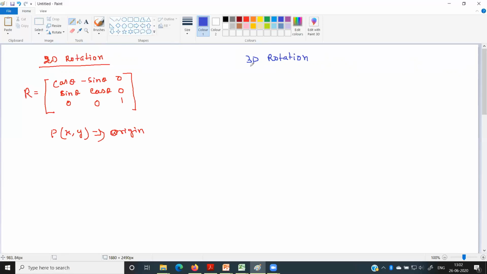In the 3D rotation, again, the point P has three parameters, X, Y, Z. And 3D rotation is different from the 2D rotation, because in 2D rotation there is only one transformation matrix, but in case of 3D rotation there will be three transformation matrices, because there are three axes X, Y, and Z.